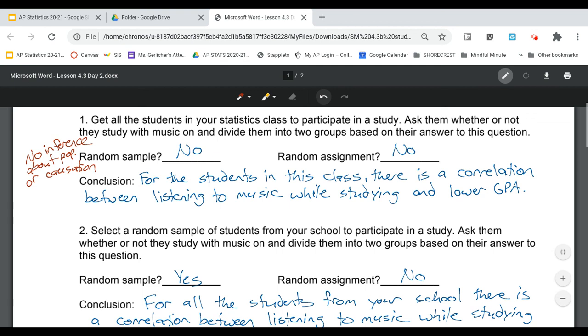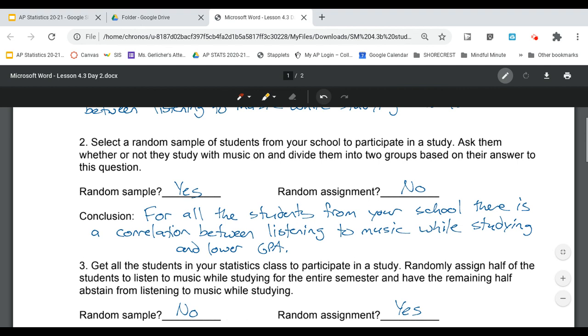At this point, all you can talk about is what happened in that sample. So for students in that class, all the people in the sample, you did see a relationship, but you cannot assume that's true of all students. You cannot assume that's true of all people. And you cannot assume that listening to music caused the lower GPA.